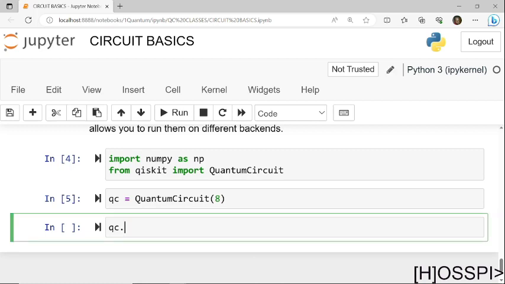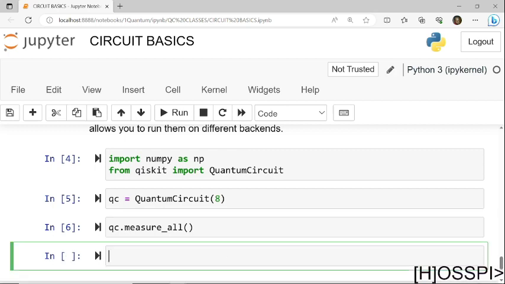So the next thing is qc dot measure. I want to measure all. qc.measure_all.